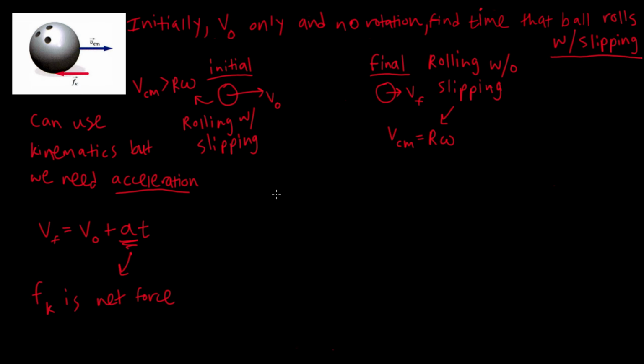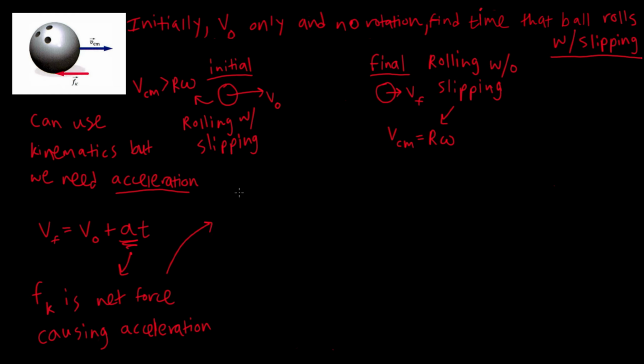So since the force of kinetic friction is the net force, we have to use Newton's second law, since there's a net force involved and we're trying to find the acceleration.